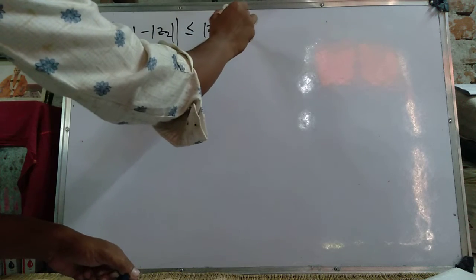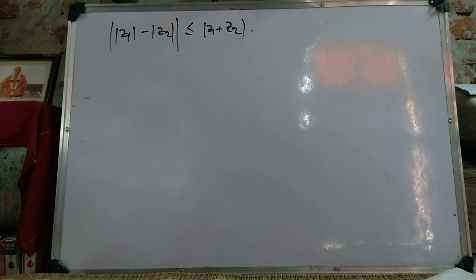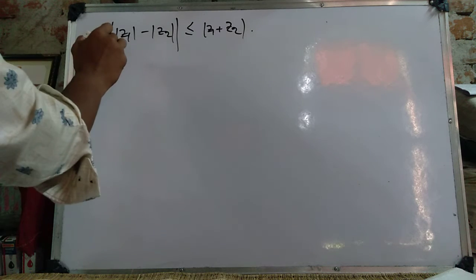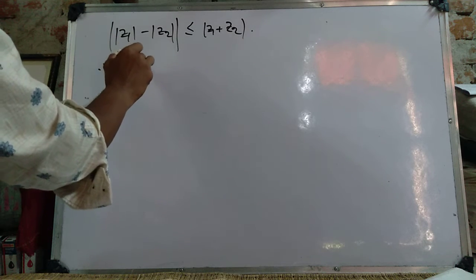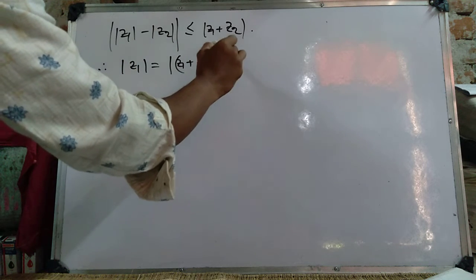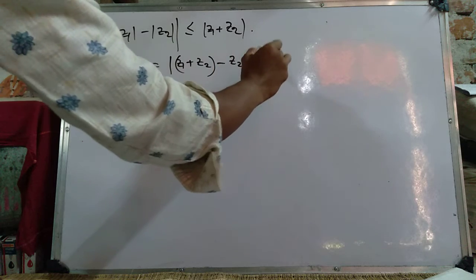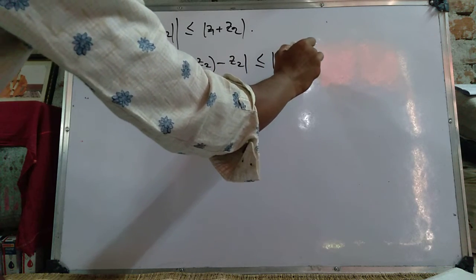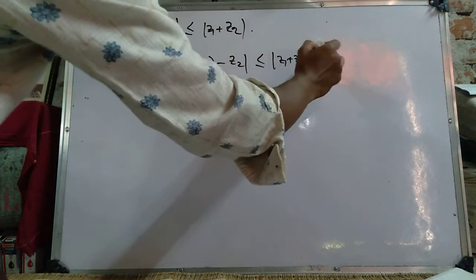Okay, also prove now this property. So how do we prove this one? So easily. Here mod of z1 equal to mod of z1 plus z2 minus z2, less than or equal to mod of z1 plus z2 plus mod of z2.